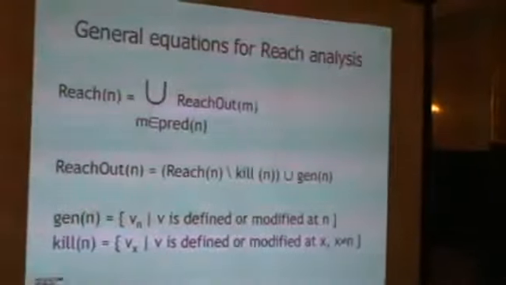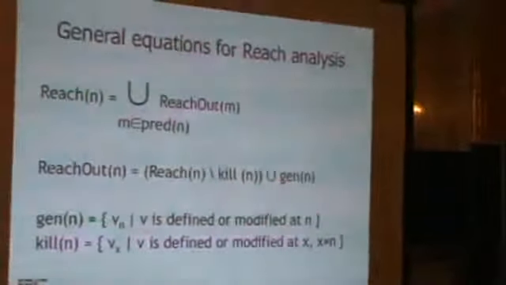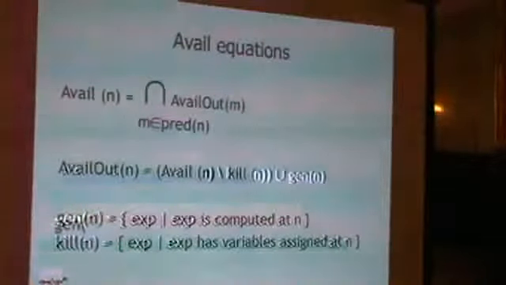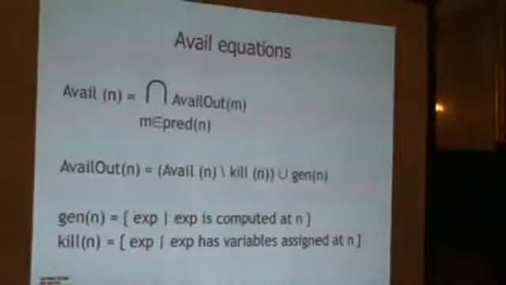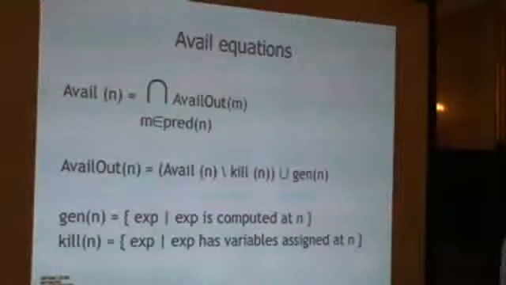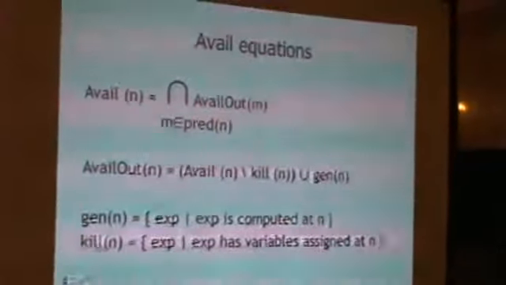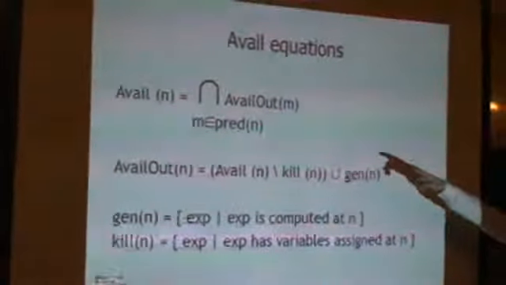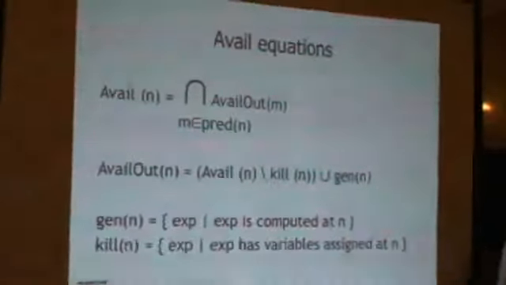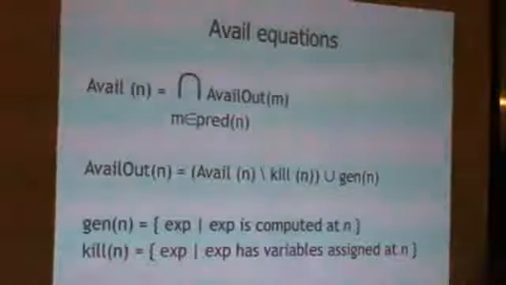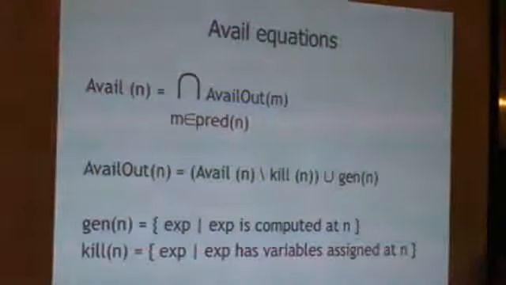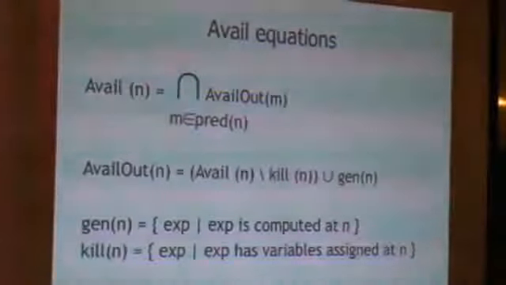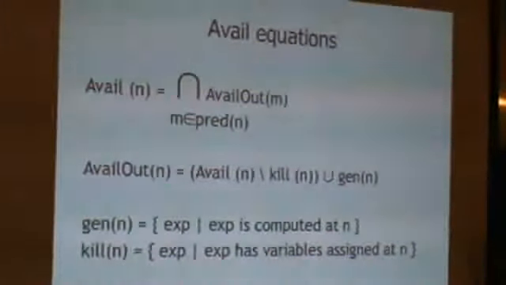And then you can generalize that and get the avail, which is what is available on all paths, and availability on all paths is an intersection. So one thing is to look at whether you can reach this node through at least one path. The other is whatever is available through all paths.